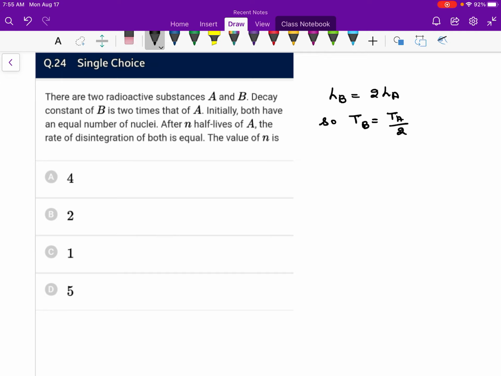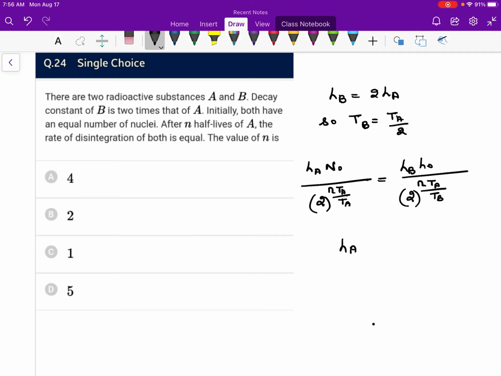So after n half-lives of A, the activity of A will be lambda A into N naught upon 2 raised to power n Ta upon T, and for B, lambda B N naught upon 2 raised to power n Ta upon Tb.